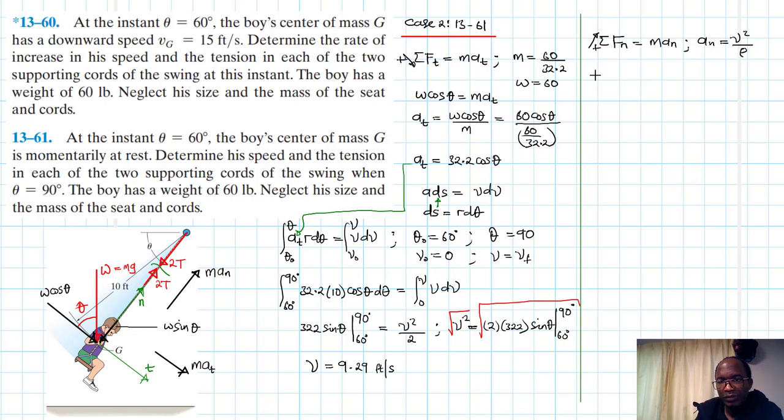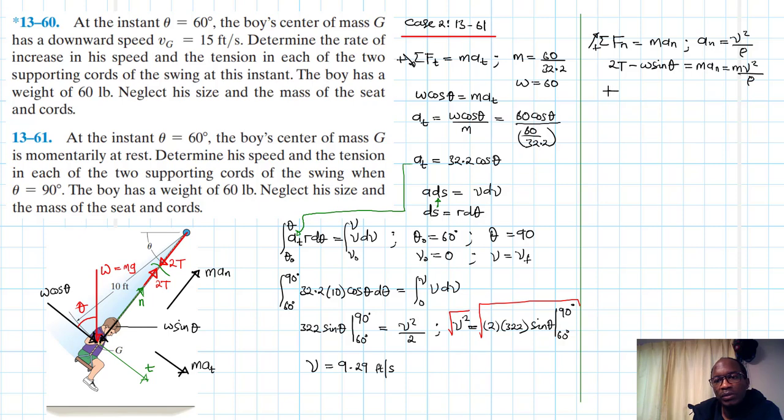So we have 2T minus w sine theta, this is equal to m a_n. Let's make T subject of the formula. This a_n is just equal to m v squared divided by rho.